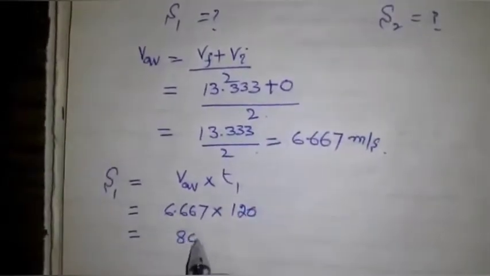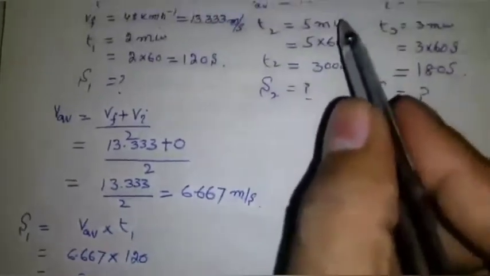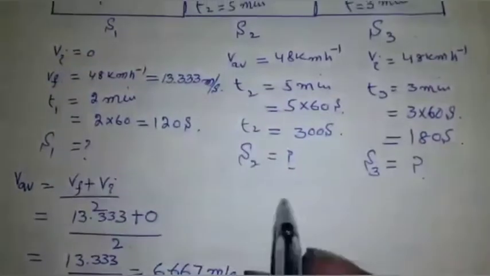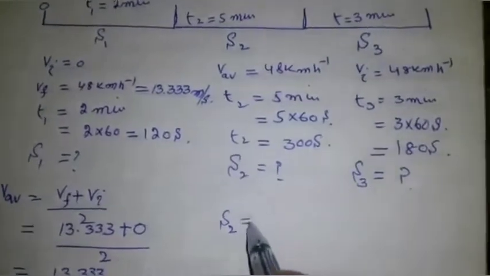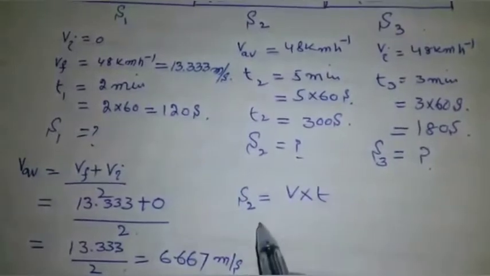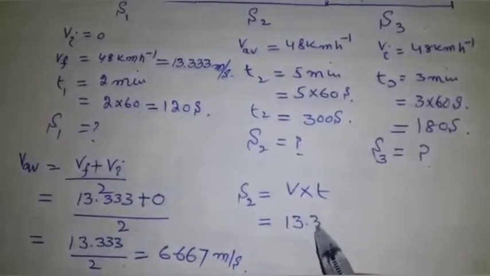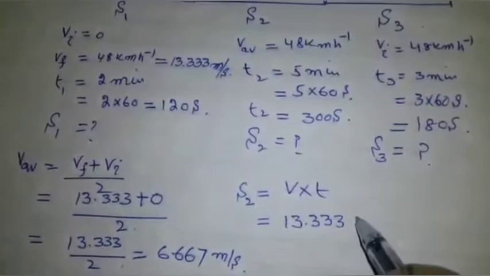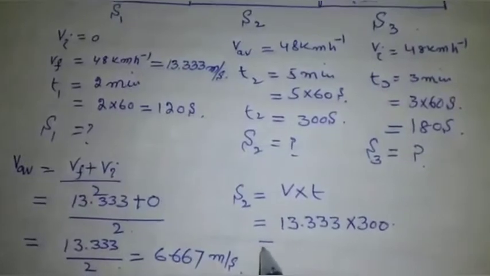This is equal to 800 meter. Now look at this. We use this figure again here. S2 is equal to V into T, which is equal to 13.333 into 300.